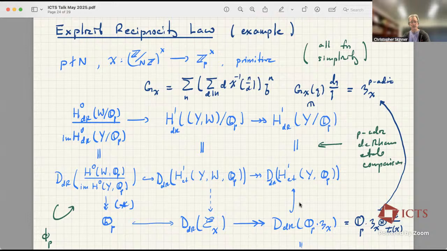All right, so the explicit reciprocity law, here's an example. I'm going to make some simplifying assumptions so I don't have to write too many slides. I'm going to take an integer n where p doesn't divide n, and a character mod n that's primitive. This is all for simplicity. I'm going to look at the Eisenstein series G sub chi, which is a little different from E sub chi.